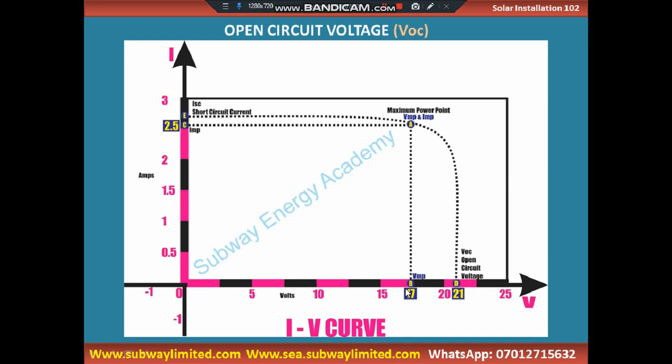So when you test the open circuit voltage, that voltage you will have when you connect the positive probe of your multimeter with the negative probe will give you the open circuit voltage of the solar panel. So open circuit voltage of a solar panel is normally higher than the voltage at maximum power. Let's continue.